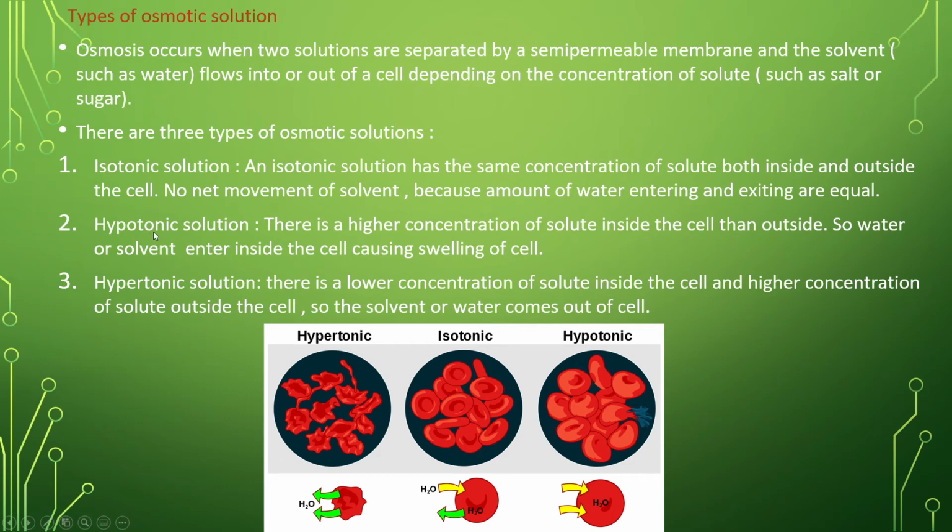But when it is called a hypotonic solution, suppose there is a third figure, you can see that RBCs are kept in such a solution. Hypotonic means higher concentration of solute inside the RBC and lower concentration of solute outside the RBC.